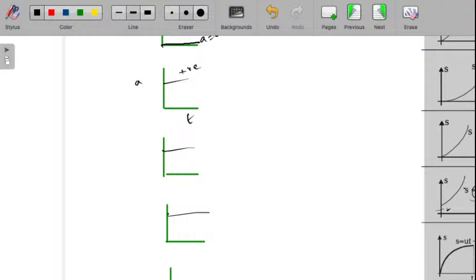So similarly, even here you will notice that it's once again the graph which is concave down. So the A versus T is once again negative.